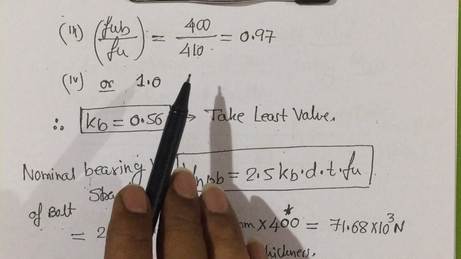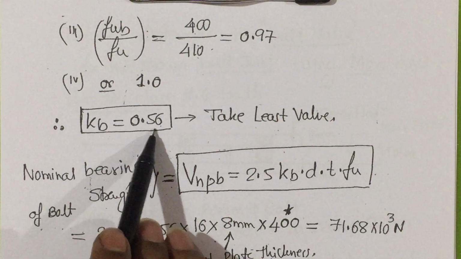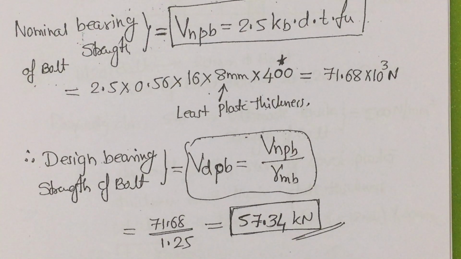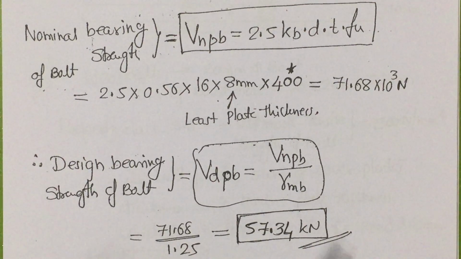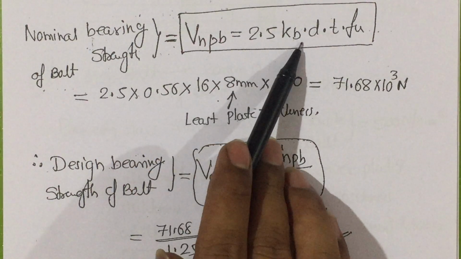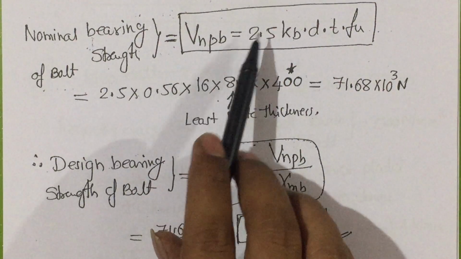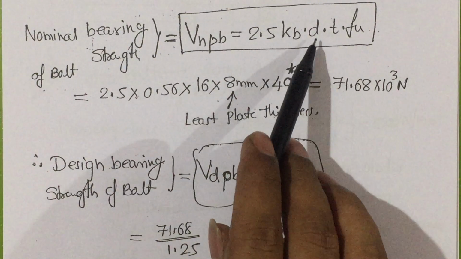So, we got the 4 values. Out of 4 values, we need to take the least value. Least value is 0.56. Therefore, KB is equal to 0.56. Then, nominal bearing strength of the bolt is given by the formula VNPB is equal to 2.5 into KB into D into T into FU. 2.5 into KB, that is 0.56, the least value.